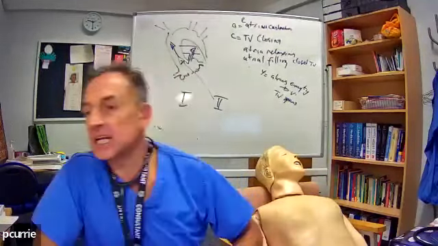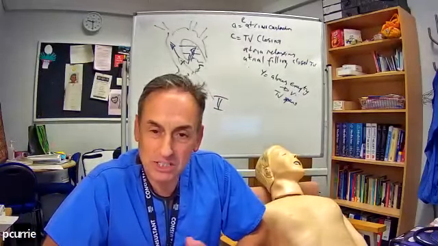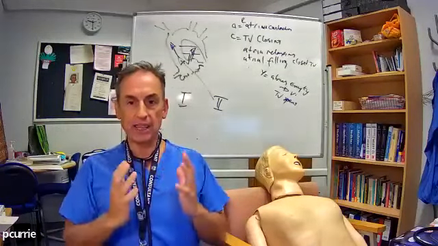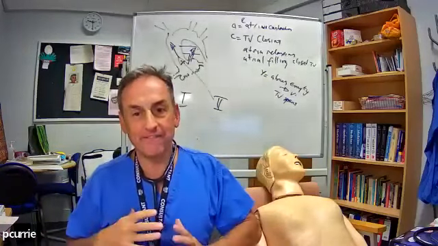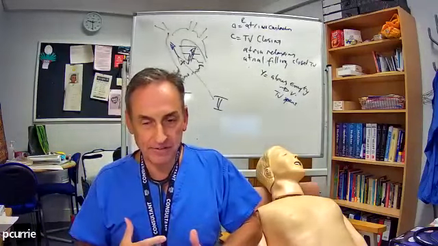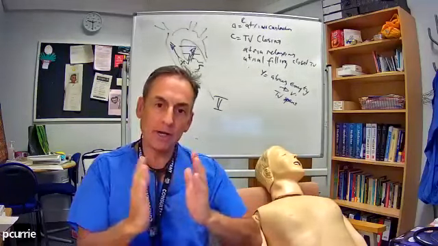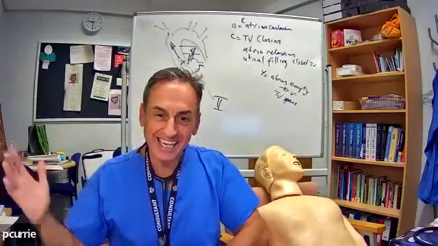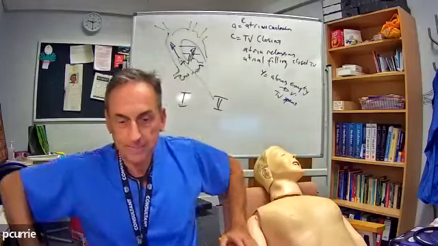But the next thing, and it's the next little basic of what I want to finish on tonight. If you take a breath in and you get more blood filling into the right side of your heart, what will happen is the pulmonary valve will close slightly later than the aortic valve, okay?